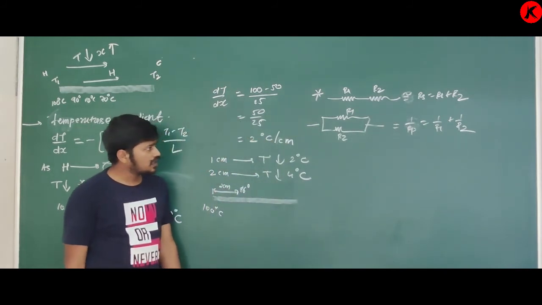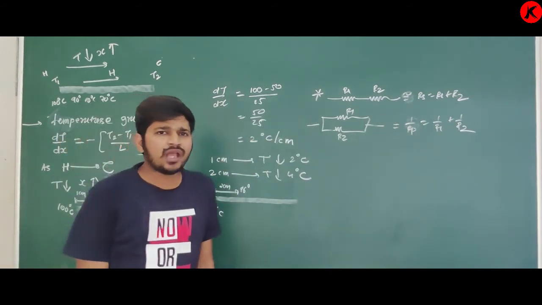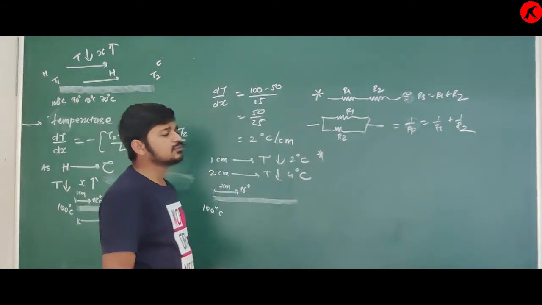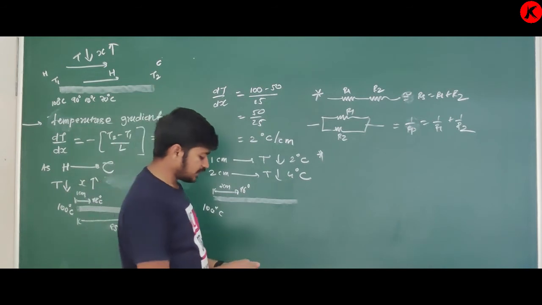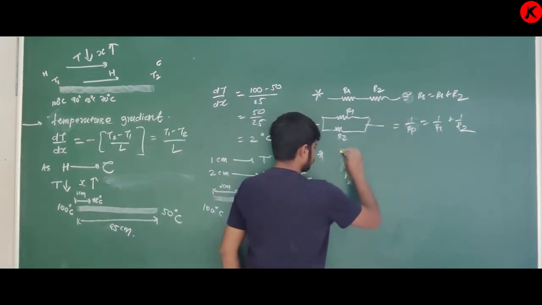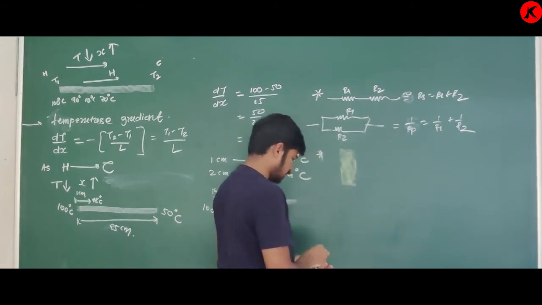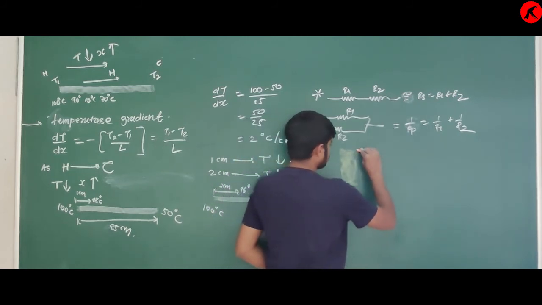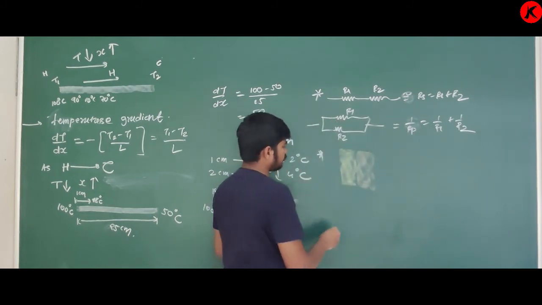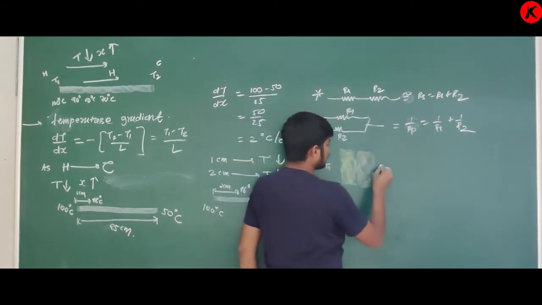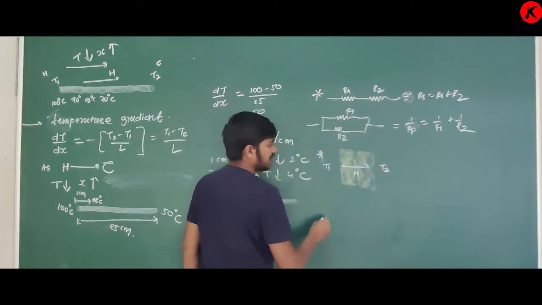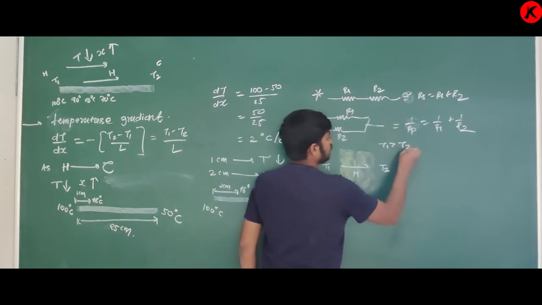Similarly, when you are given combinations of conductors like this, one conductor and another conductor, with temperature T1 here and T2 here, heat is transferred in this direction, and T1 is greater than T2.